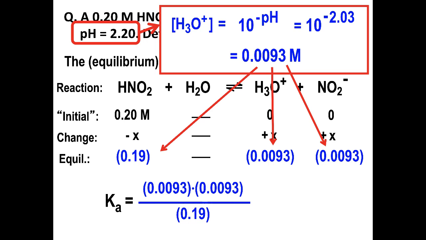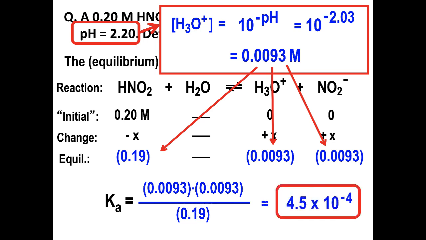If we plug them into our equation, we calculate a K sub A value of 4.5 times 10 to the minus fourth. Notice this is a pretty small value, indicating a small percent dissociation that the HNO2 undergoes. This process can be used to determine the K sub A value for any acid: measure the pH, and use what we know about equilibrium to calculate the K sub A value.